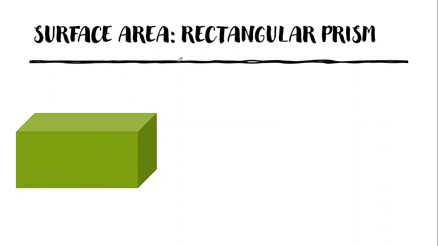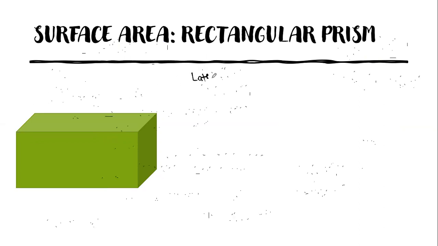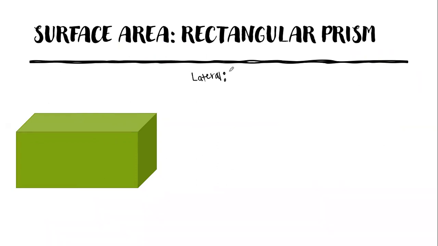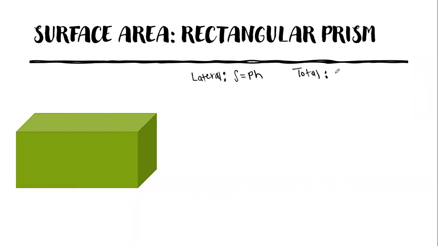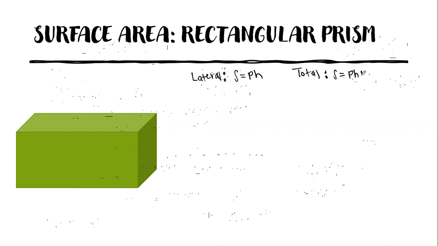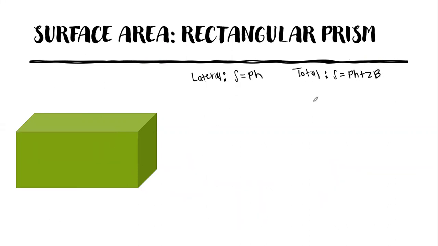So for a rectangular prism, for lateral surface area, remember lateral surface area is the area of all the sides, not including the bases. The formula is S equals PH. For total surface area, the formula is S equals PH plus 2B. Does anybody remember what capital P stands for? Perimeter of the base.